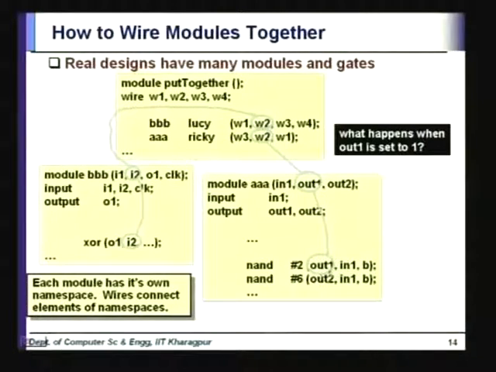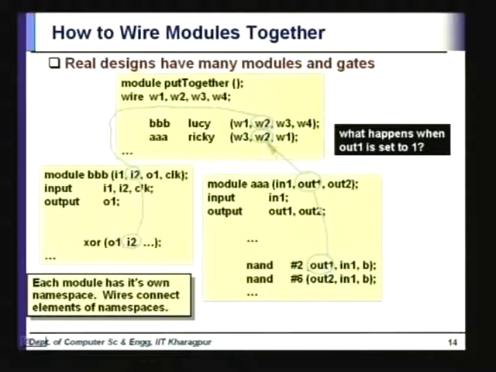When the output of this NAND gate changes, that being an output of the module AAA, this output will change. This output is instantiated as W2 in this top module, so this out 1 is actually W2 here. W2 will change here, because the output has changed, and that is wired to the input W2 of this.